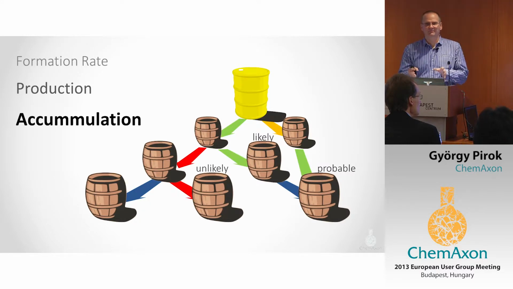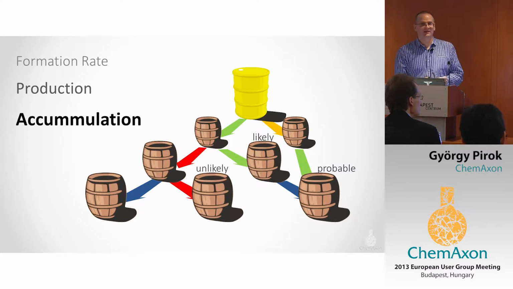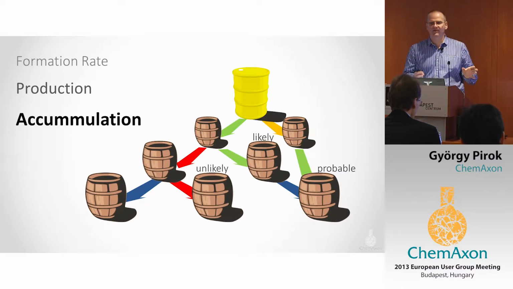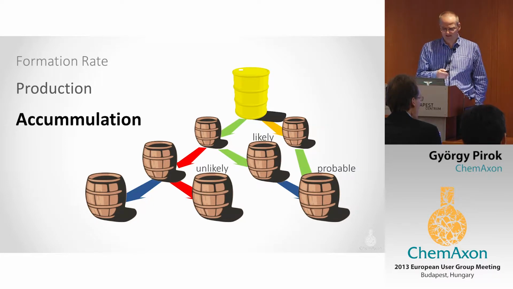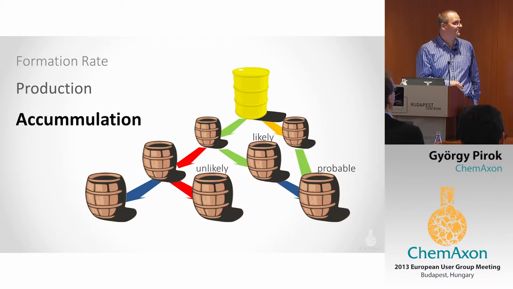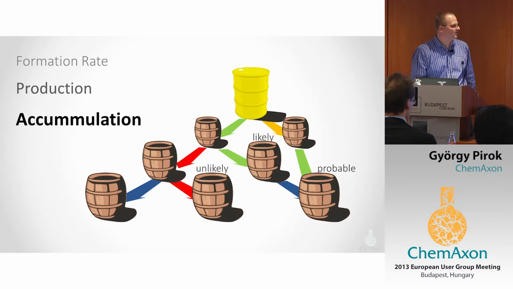So the key of the likelihood prediction is the model in which we try to figure out the thickness of the pipes. The arrows here represent biotransformations. Here we have the substrate, and these barrels are the metabolites. The green color in this model means a fast biotransformation. The red one is a slow one.